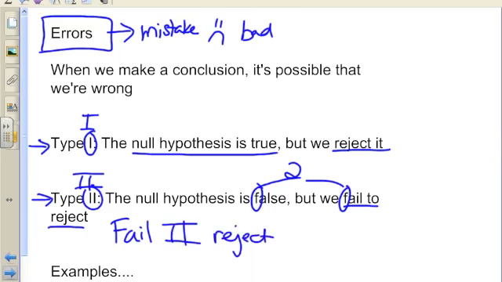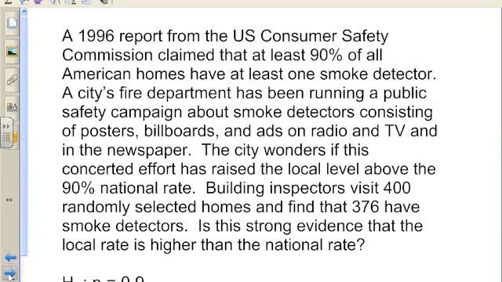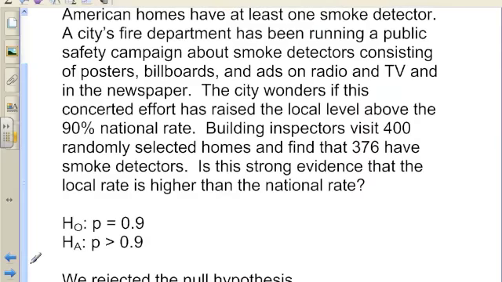All right, so let's take a look at some examples and see if we can comprehend these errors. So I'm going to take you back to some things we've already done. Quick reminder, I won't read the whole story problem. We've seen this before. This was the one with the smoke detectors. And we wrote these hypotheses. The null was that the proportion of homes with smoke detectors is still 90%. The alternative said the proportion of homes with smoke detectors has gone above 90%.